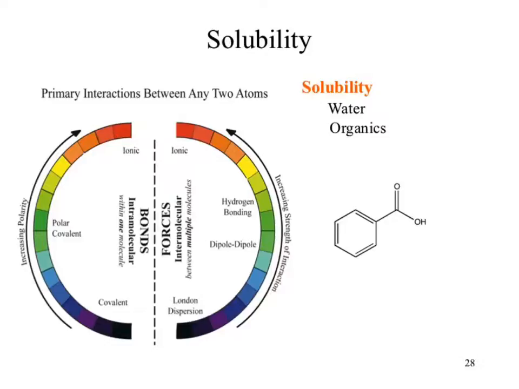London dispersion. We just have carbons and hydrogens. At the other end of the molecule, what do we have? Hydrogen bonding. Would we expect this molecule to be soluble or insoluble in water? Soluble on one side. Okay, that's not a bad answer.